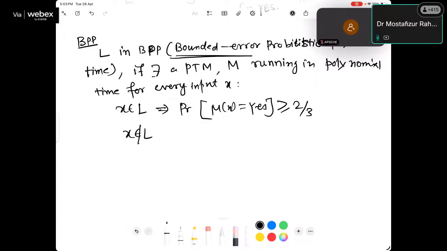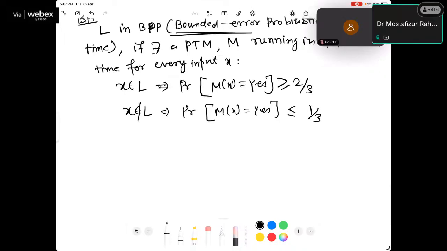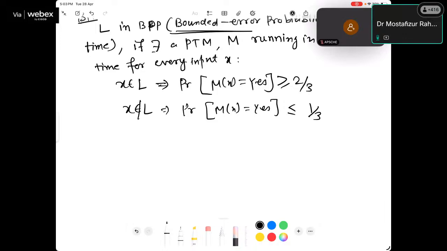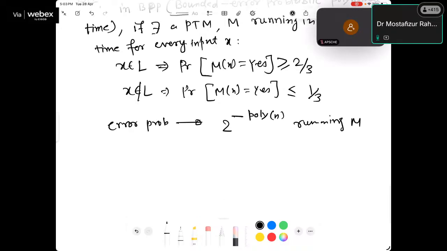And if x does not belong to L, then the probability that M of x equals yes will be less than or equal to 1/3. The error probability can be reduced to 2 to the power minus poly n, that is 1 over 2 to the power poly n, by running this experiment a large number of times. Because it's probabilistic, you have to run M many times, and take a majority vote.